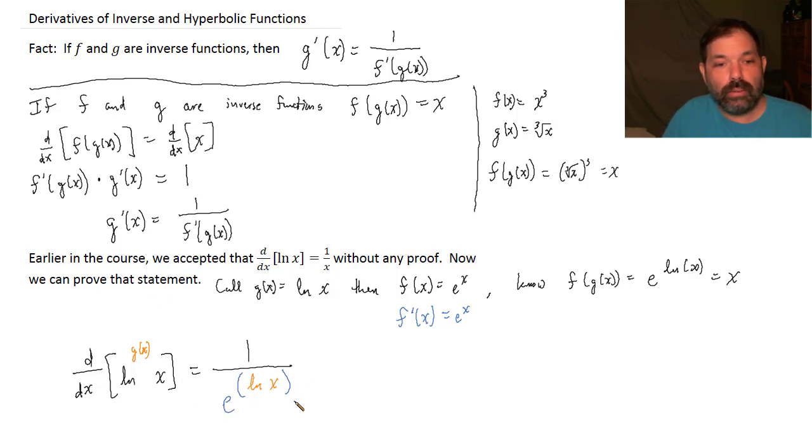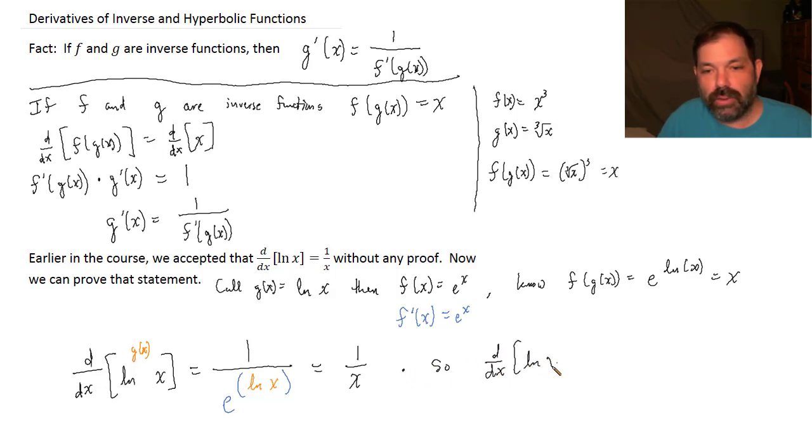Well, e to the natural log x is x. So we end up with 1 over x, which is what we stated earlier in the course. The derivative with respect to x of natural log x is 1 over x.